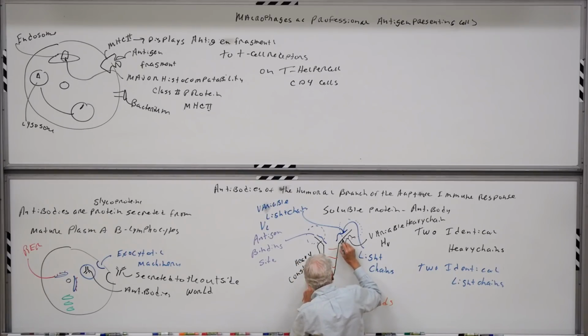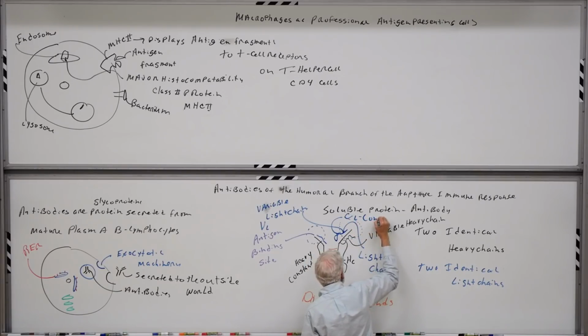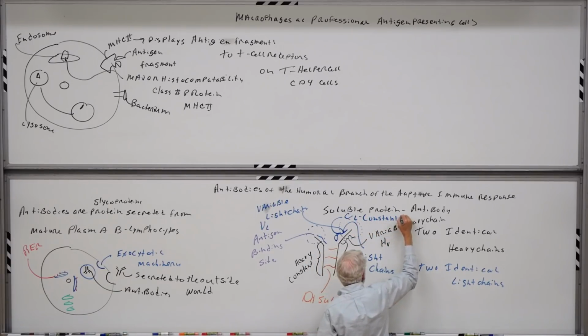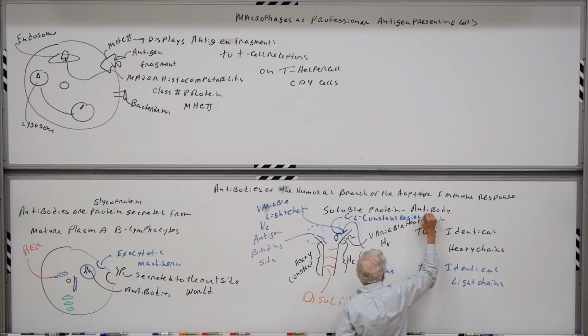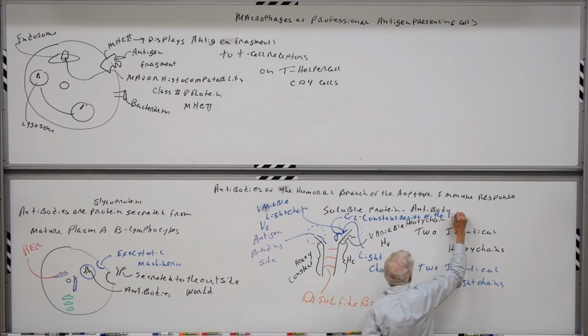And it's identical on both sides. But similarly, the light chain out here has a constant region called the constant light. This is the constant region of the light chain.